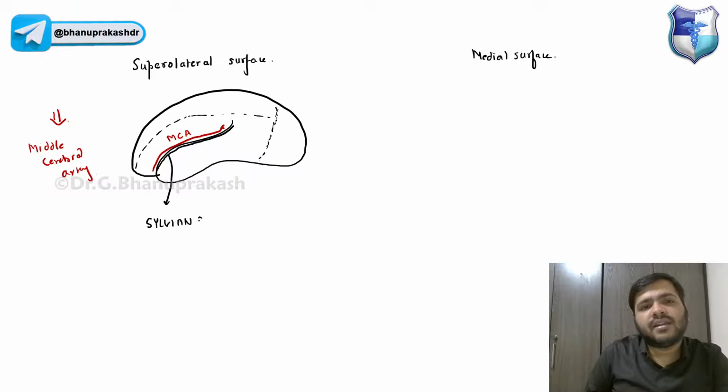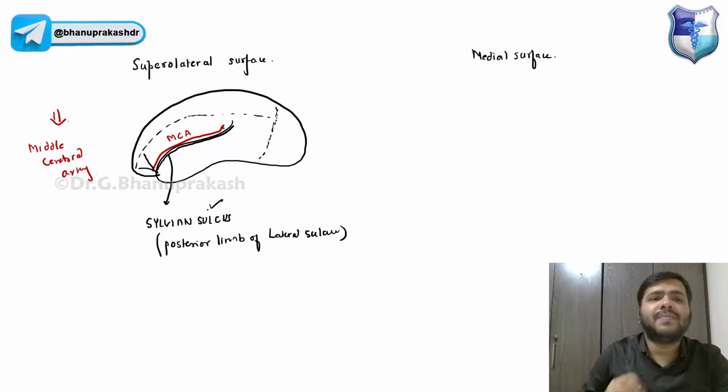The Sylvian sulcus is the posterior limb of the lateral sulcus. The lateral sulcus has three limbs: anterior, ascending, and posterior. This one is the posterior limb of the lateral sulcus, and that is given a special name, the Sylvian sulcus.